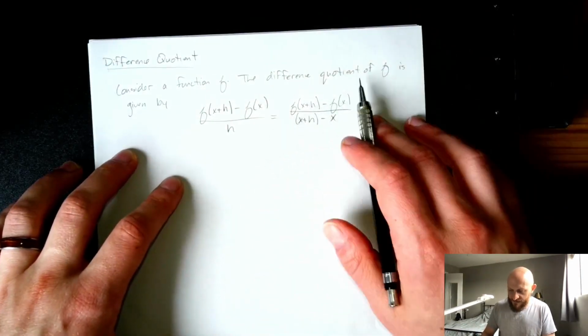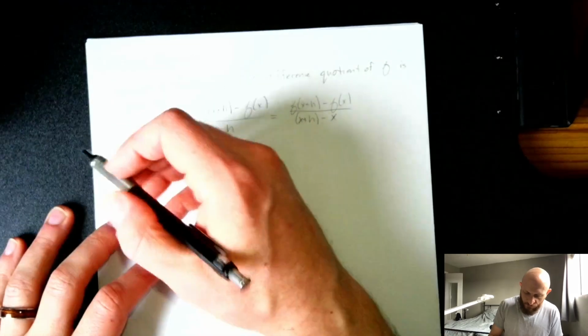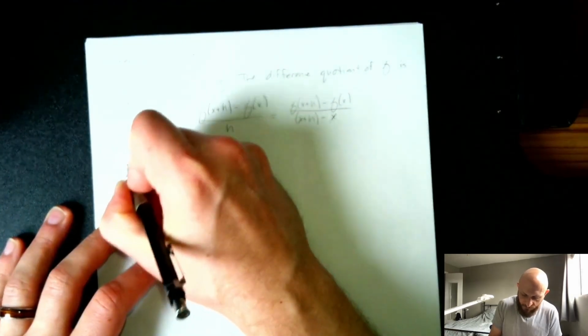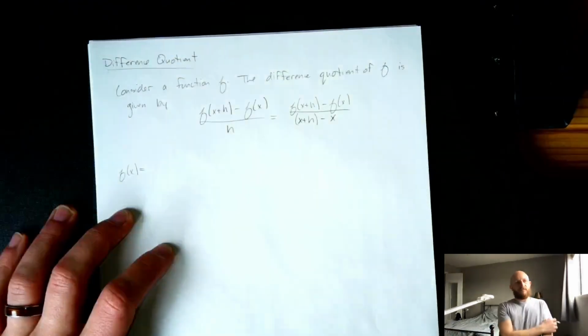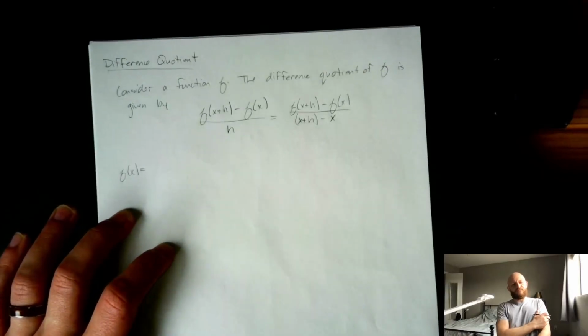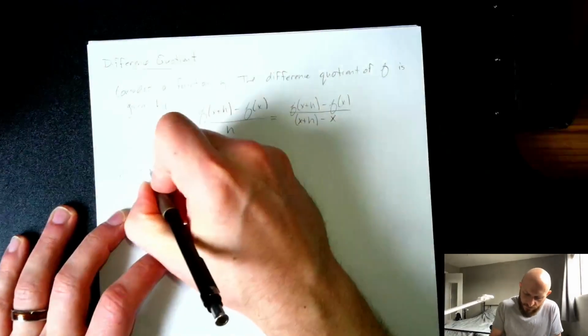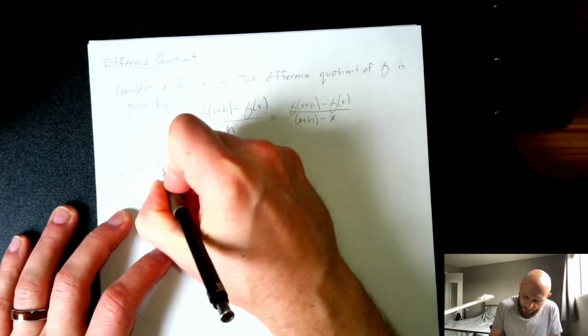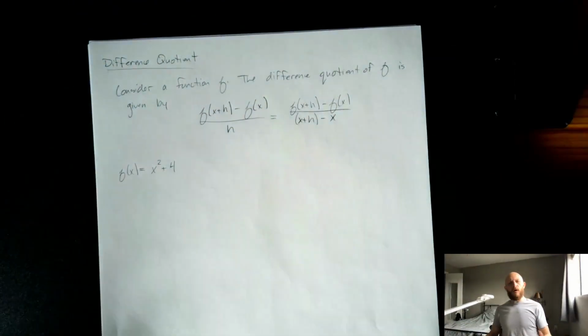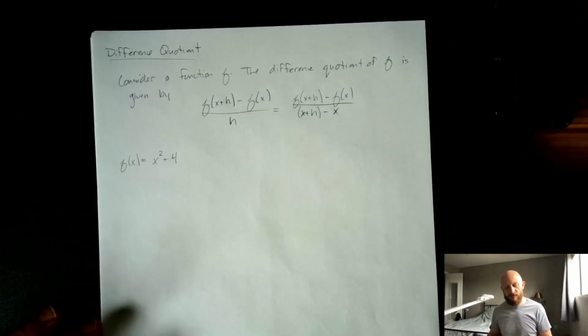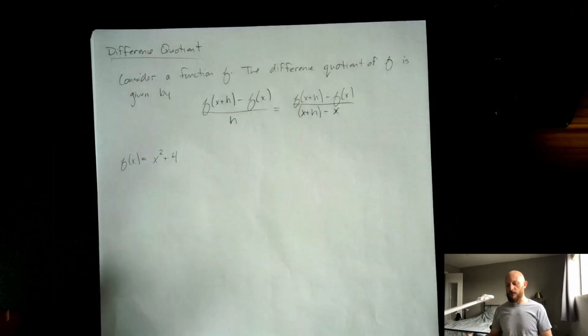So let's calculate the difference quotient for f of x equals, and I have to be careful here because some are harder than others, let's do an x squared plus 4. We want to calculate the difference quotient for f of x equals x squared plus 4.